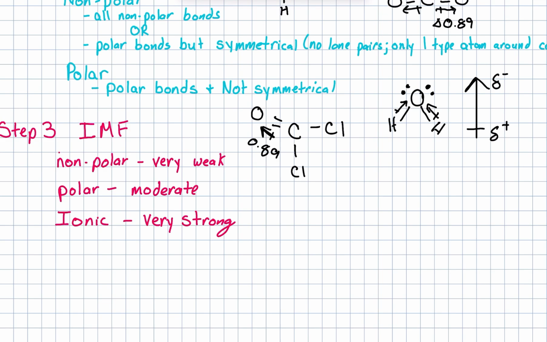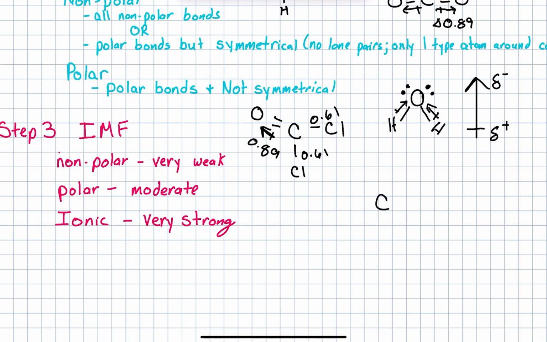Oh, wait, it is working. I did the wrong number. Sorry for the delay there. So this is 0.61. And so, because my vectors are going to have different amounts of pull, that means that my vectors can't cancel out. Even if they were in a linear shape, they can't cancel out.